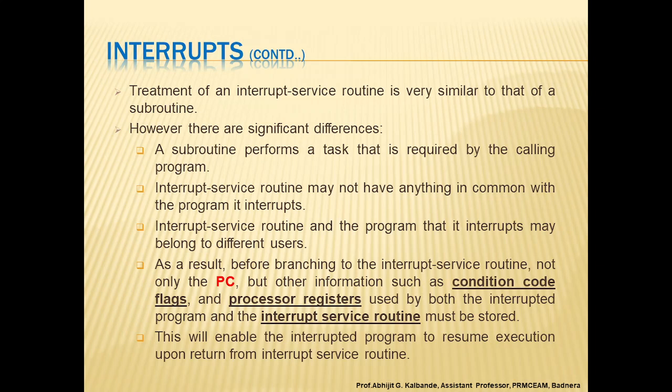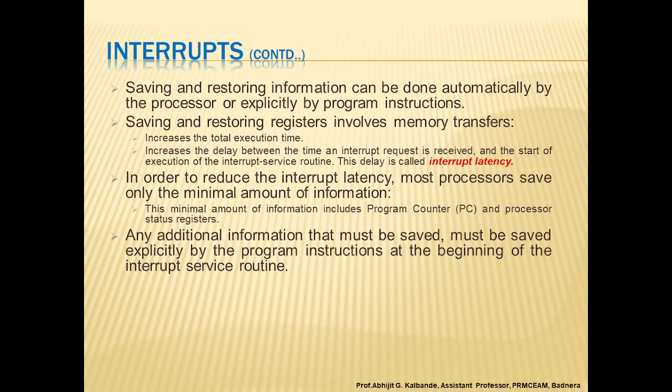As a result, before branching to the interrupt service routine, not only the program counter but also other information such as condition code flags and processor registers used by both the interrupted program and the interrupt service routine must be stored. This will enable the interrupted program to resume execution upon return from the interrupt service routine.